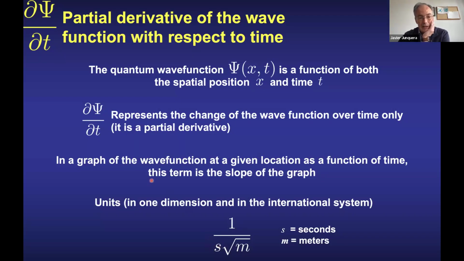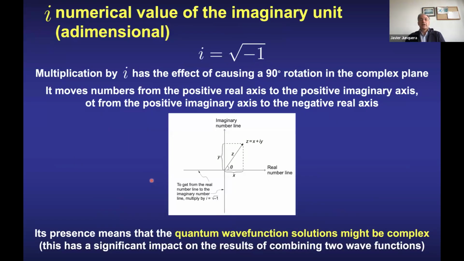So this is one of the ingredients of this Schrödinger equation. Let's move to the second one, that is the numerical value of the imaginary unit. This number is dimensionless, and it represents the square root of -1. The multiplication by this number has the effect of changing the phase of a complex number by 90 degrees, okay?